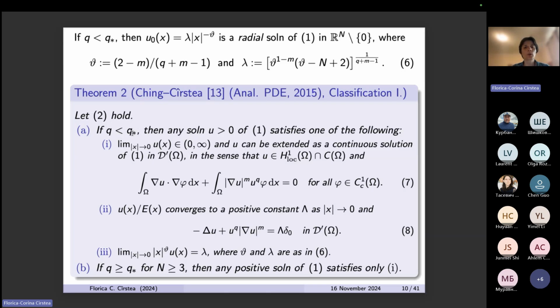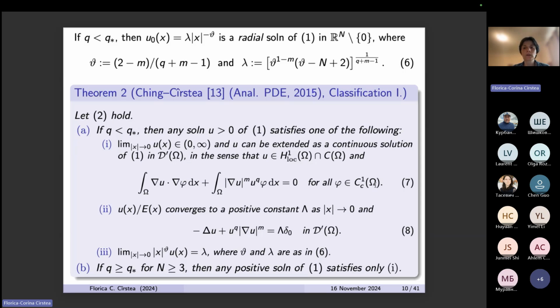If Q is strictly less than the critical power Q star, then any positive solution of 1, or you can say non-negative, not identically 0, it is going to be the same, satisfies one of the following. First, at the origin u has a positive finite limit. The first case corresponds to a removable singularity, and u can be extended as a continuous solution in the sense of distributions in the entire omega, and is H1 loc on omega, continuous on omega, and satisfies the equation in the sense of distributions, that is in relation 7.